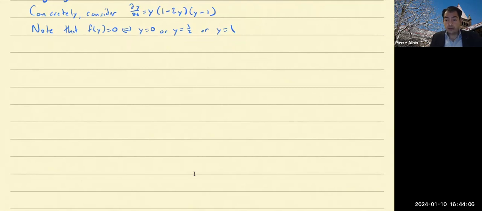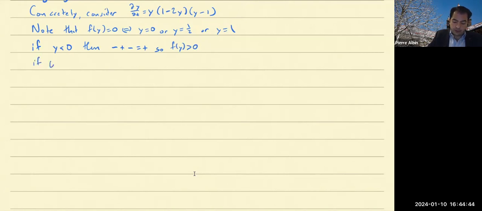Let's go ahead and work out the phase line. So these are the 3 points where the sign is going to change. So we need to consider what happens in the intervals cut out of the real line by these points. If y is negative, then in this product we would have negative, positive, negative, which would give us positive. So f of y would be positive.